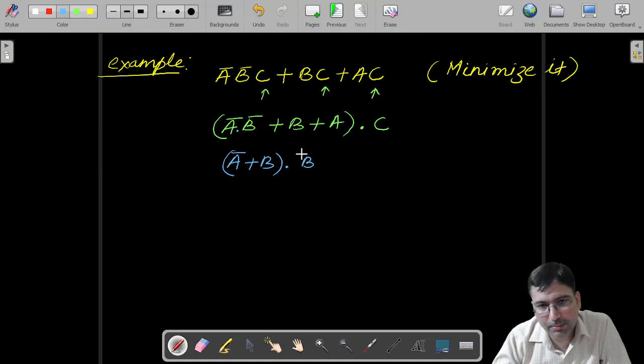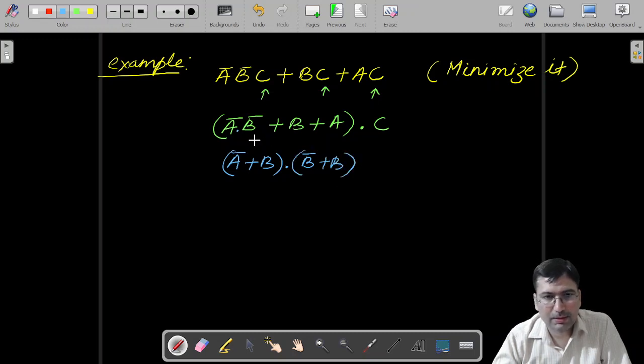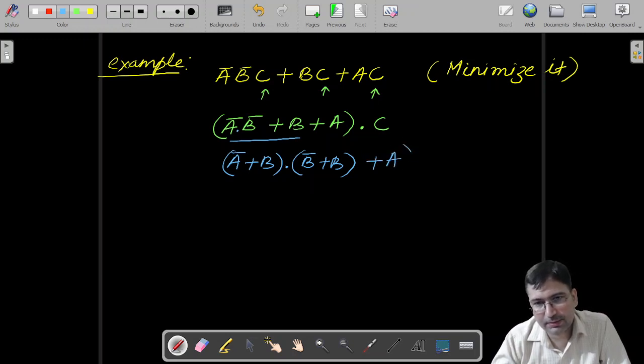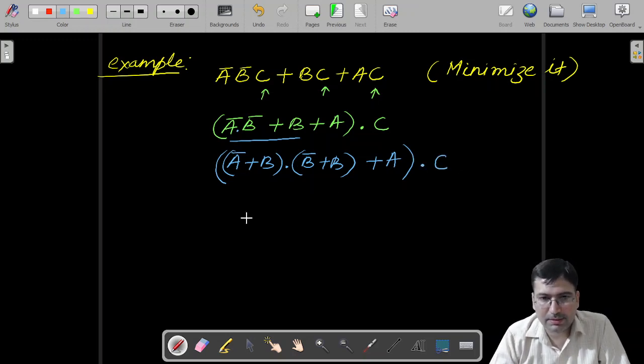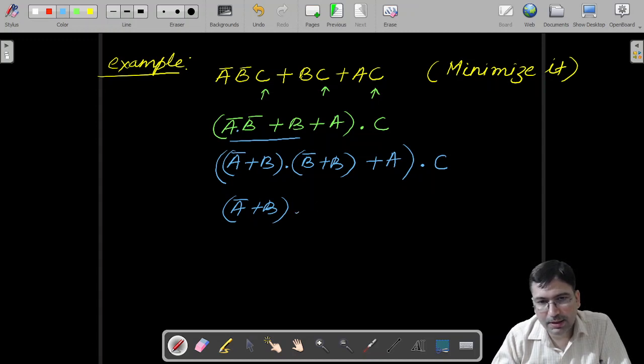Here I can write B bar or B, only this thing, or A as it is, and C as it is here. So this B bar plus B will become 1. So I can write it like A bar or B, and inside this bracket this is only 1, or A and C, right?